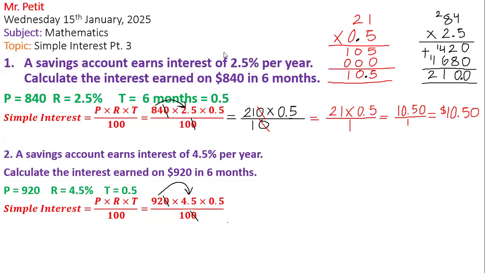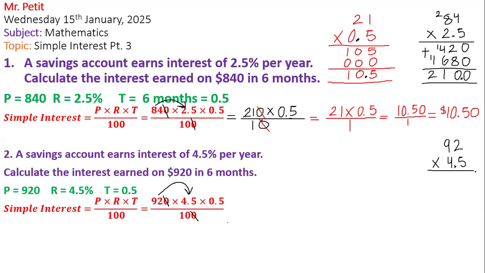And so what we're going to do here, I need space to multiply. So we have 92 multiplied by 4.5. What y'all got when you multiply it? 414. Okay. So we have 5 times 2. What is 5 times 2? 10.